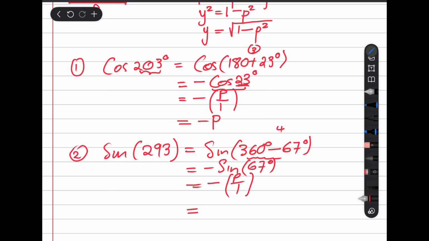The other thing is that a negative times a positive is a negative, so we get a negative answer. Then p over 1 is p. So that's how we work with this one. We rely on the diagram to write this, which means sine of 293 in terms of p is the same as negative p.